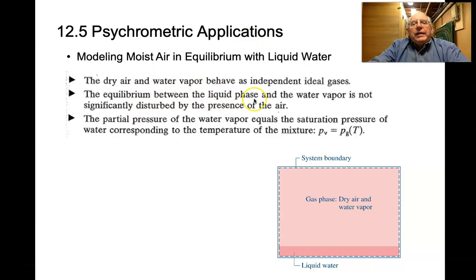The equilibrium between the liquid phase and the water vapor, the liquid and gaseous phases of water, is not disturbed by the presence of the air. What that means is if this volume did not have any air, but just a portion of liquid water in it, the liquid water and the water vapor would come to an equilibrium, and that equilibrium would be based on the temperature of the water vapor.